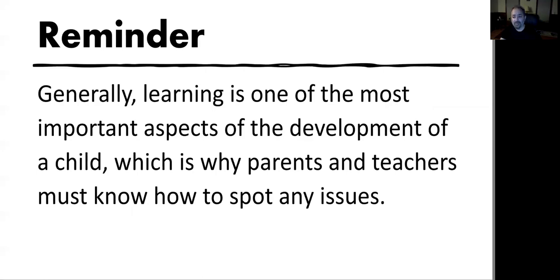Delayed speech, poor attention span, and late development of motor skills might appear to be minor issues, but they could also be a sign of a more serious psychological issue. So keep in mind that learning is one of the most important aspects of development, which is why parents and teachers must pay attention and spot issues in the development.